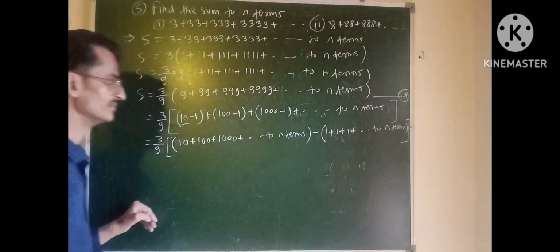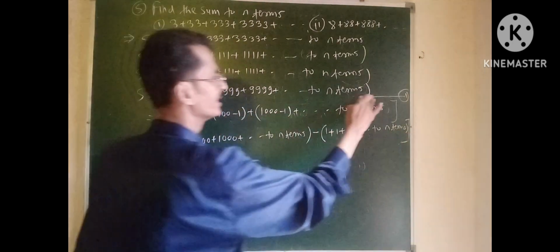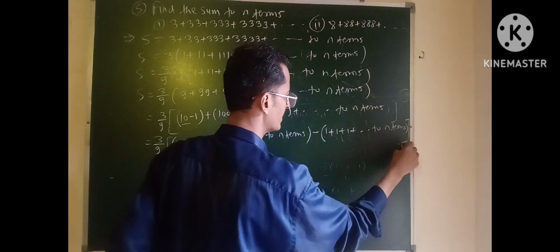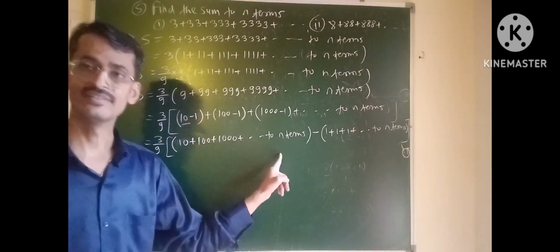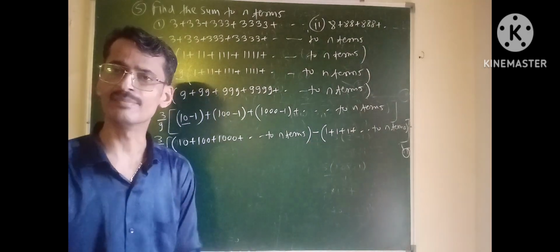Close the bracket. Now let us write this as equation 1. Now we have to solve this. This is a GP and we can find this sum easily.